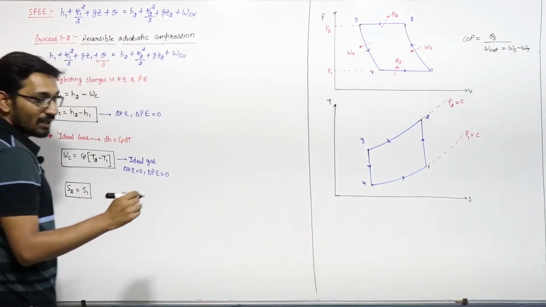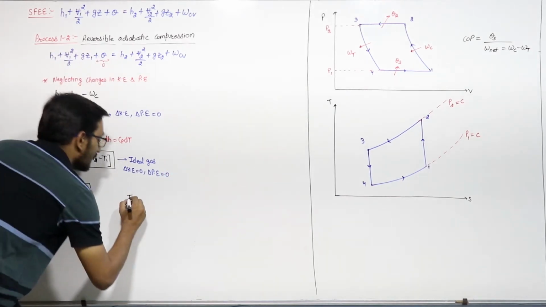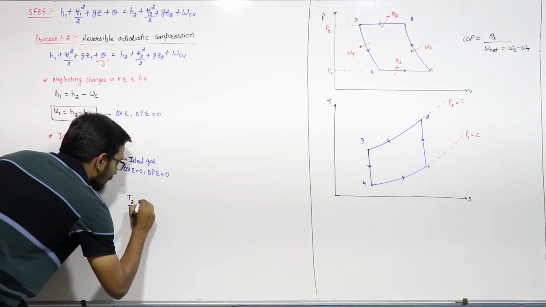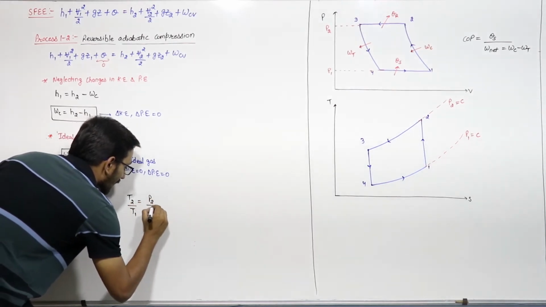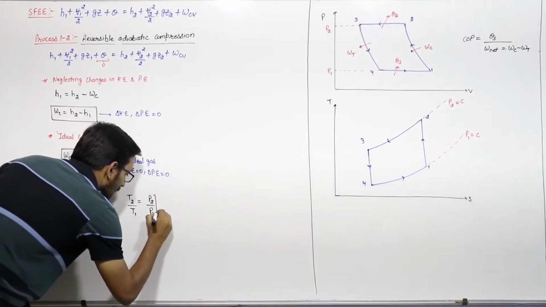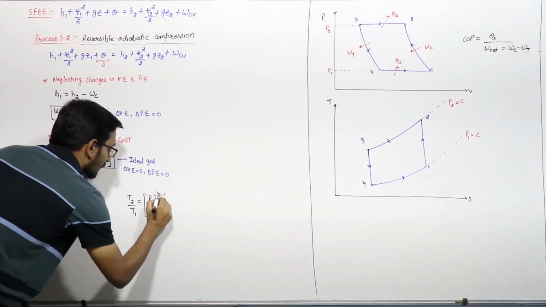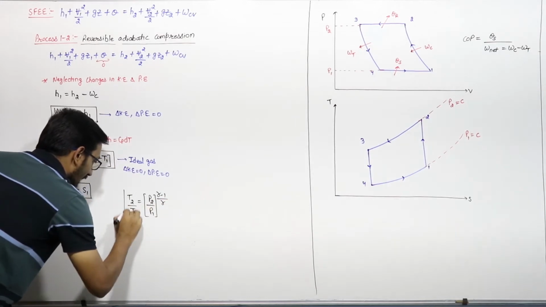So from here we can use that T2 by T1 is equal to P2 by P1 raised to the power gamma minus 1 upon gamma. Right, this you know.